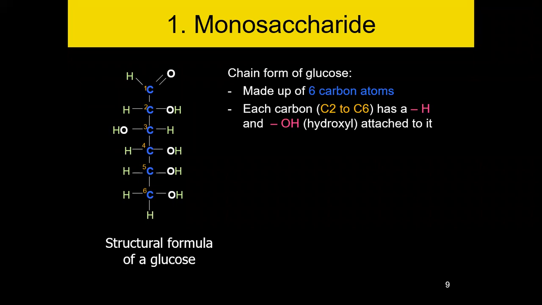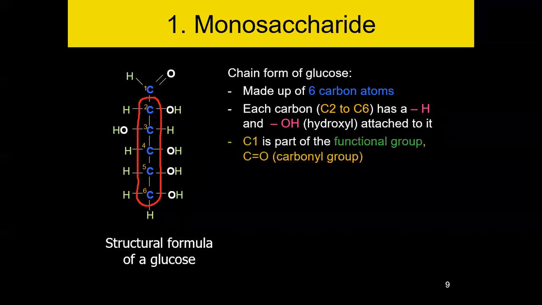Each carbon atom from carbon number 2 to carbon number 6, each of them has got an H and an OH attached to it. Now carbon 1 is this one here. Carbon 1 is part of the functional group of the glucose.